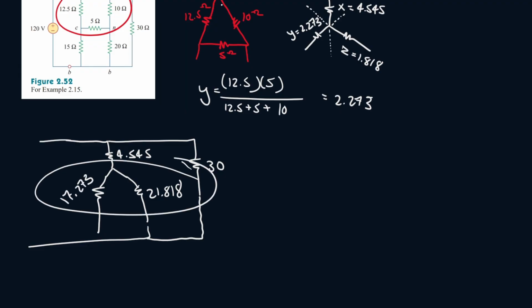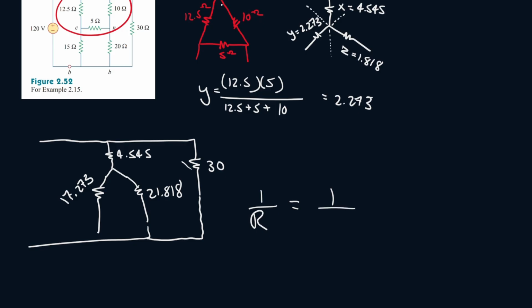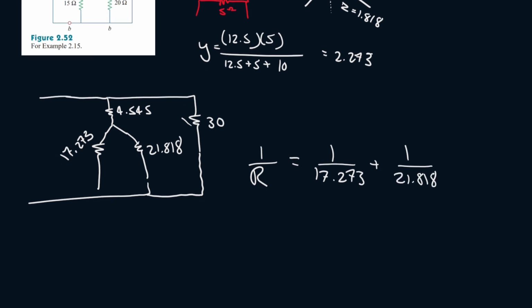And notice these two are in parallel. So it'll be 1 over R equals 1 over 17.273 plus 1 over 21.818. So let's see what R will be.